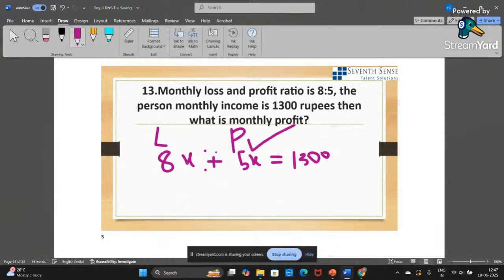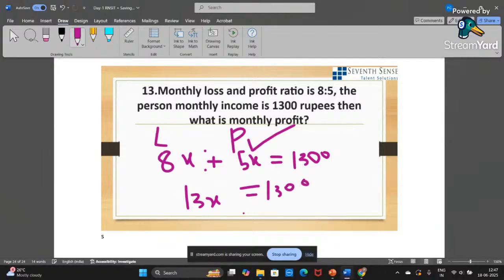We need to find out the monthly profit, the 5x value. To find the 5x value, we need to find the x value first. So 8x plus 5x is 13x equals 1300.